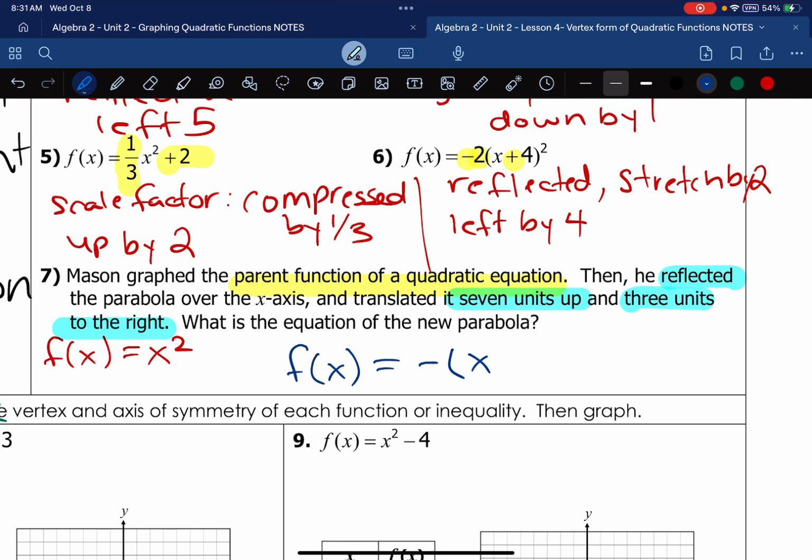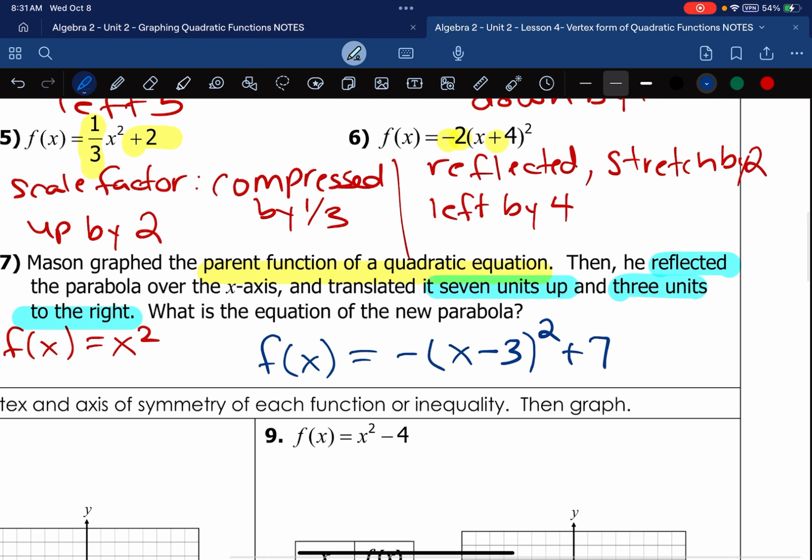If I'm going right, that means a -3. Now, the function has to be squared, and then it says we shift up 7, so +7 on the end. That is our new equation.